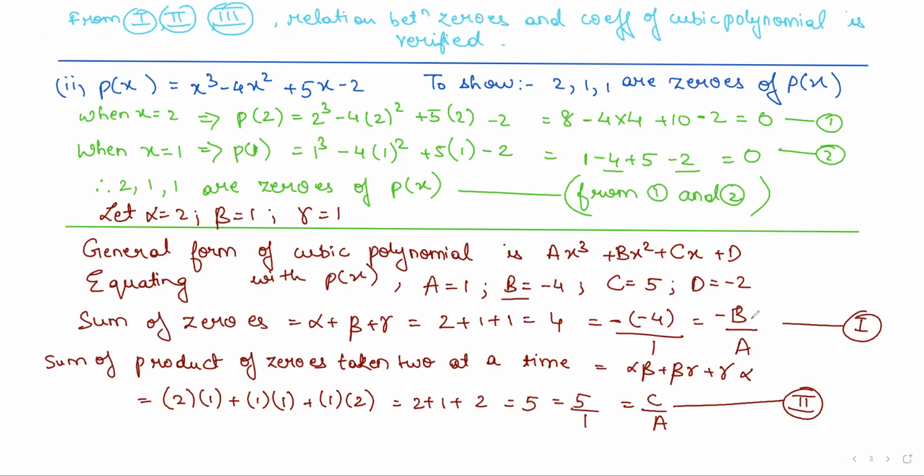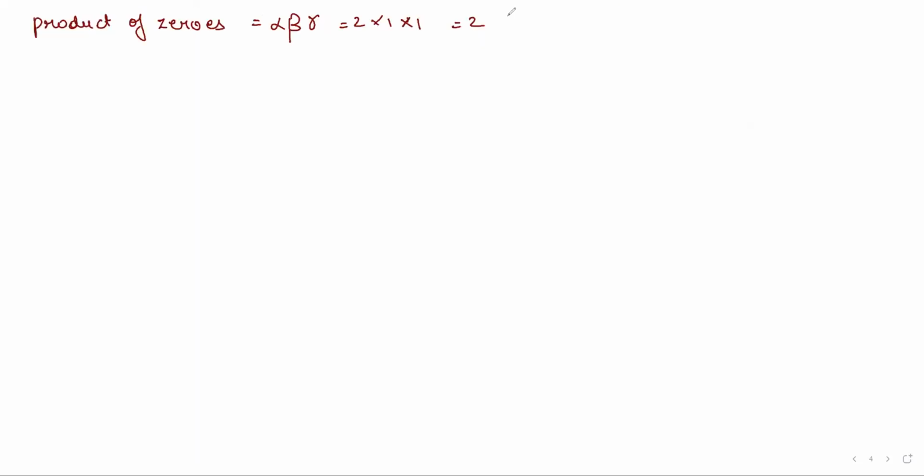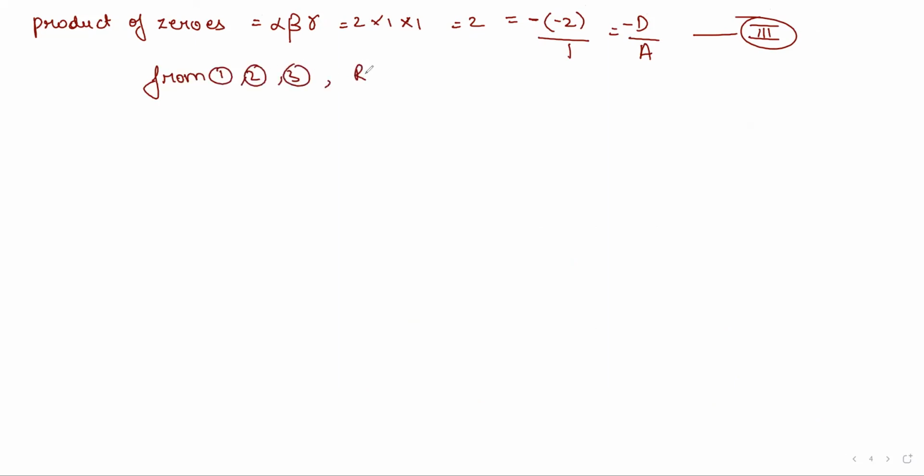Now this 2 can be written as minus of minus 2 upon 1, which is equal to minus d upon a. This is your equation 3. From 1, 2 and 3, you can write that the relation between coefficients and zeros is verified.